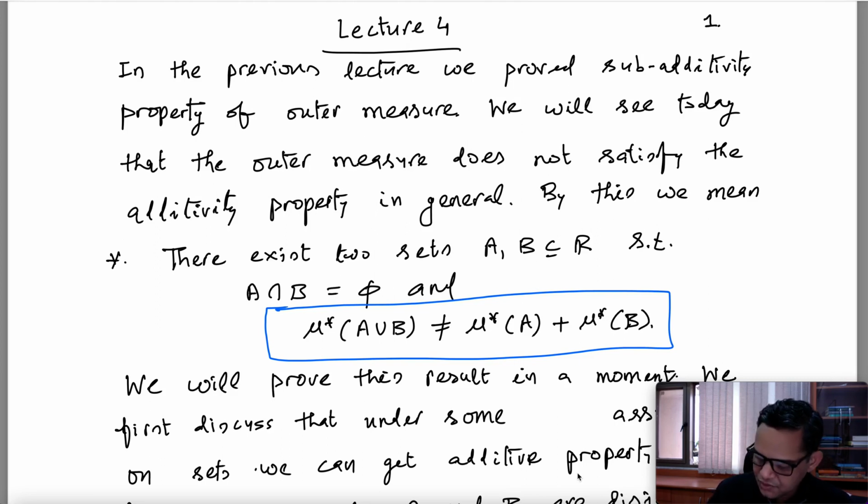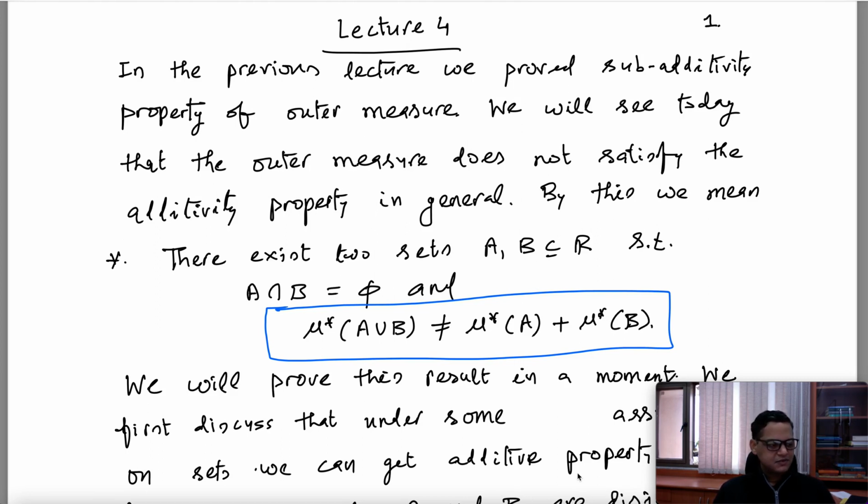Okay, so recall what we had done in the previous week. We had started with the understanding that we are trying to define the notion of measure, and it should have certain desirable properties, and then we defined the notion of outer measure, and we proved certain properties.